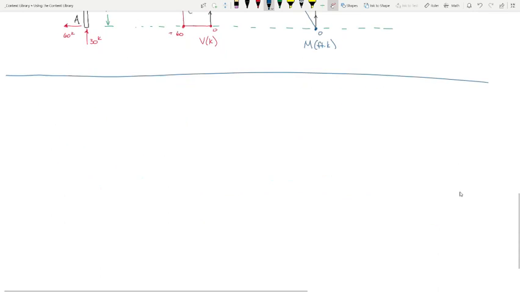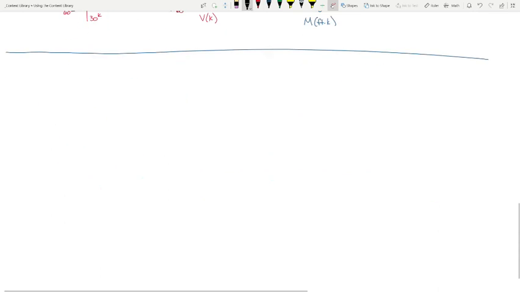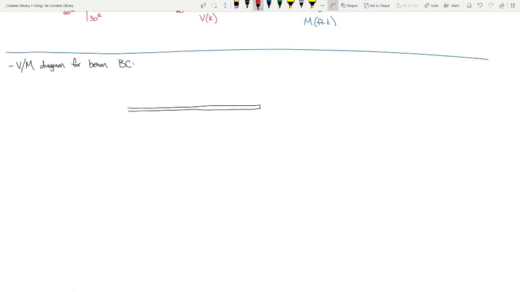The simple one, shear and moment diagrams for the beam, that one's going to be easy. Because this is going to be exactly what we would expect. For a typical beam, we have this.